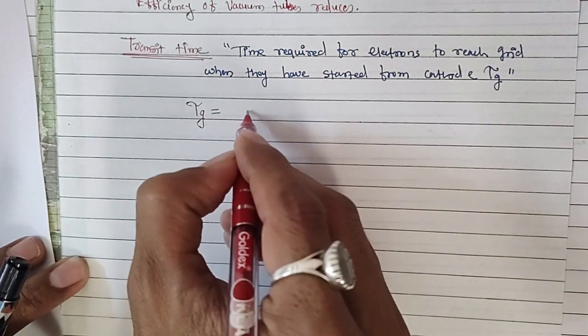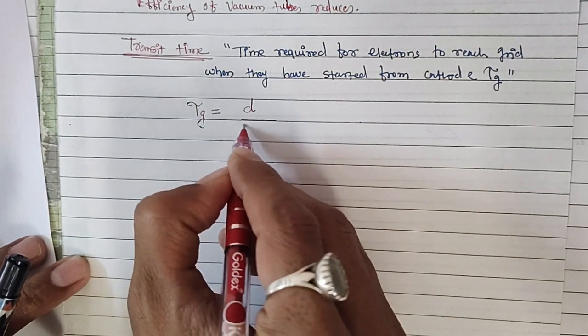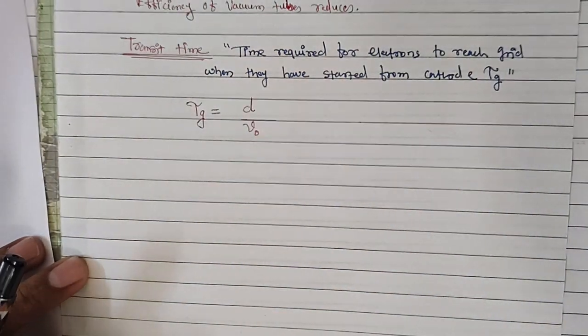So time is distance upon velocity. d is the separation between cathode and grid, and electrons will be traveling with some velocity v0.